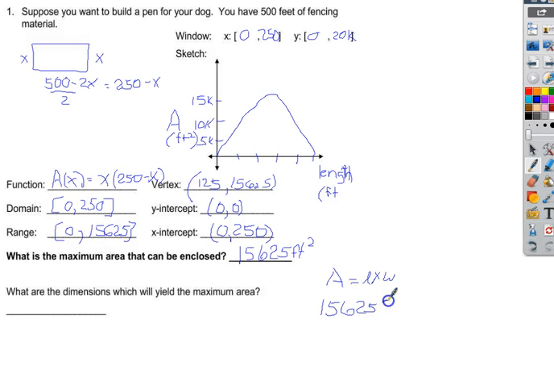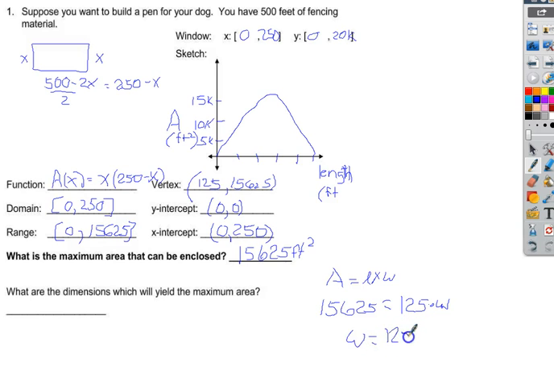That would be a square. So we have 125 times W, and we divide 15,625 by 125, and we get that W is equal to 125.